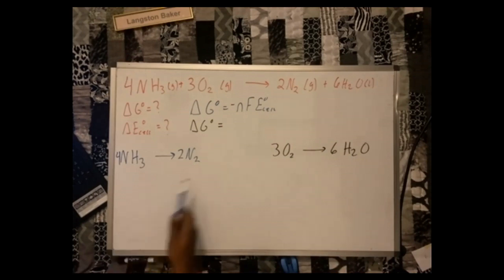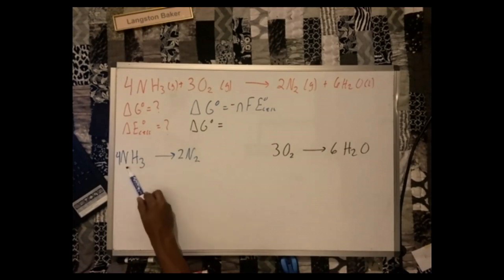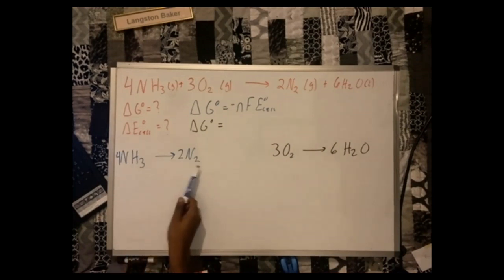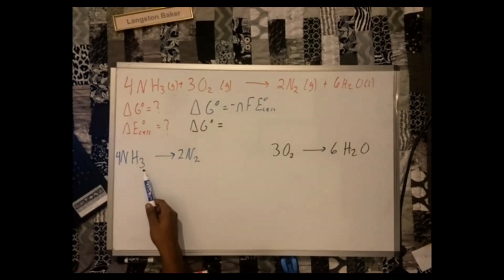All right, so it's like we're normally balancing it. We balance the non-hydrogens, non-oxygens. So that one's good, got 4 Ns. Then we balance the O's with water. There are none, so don't do anything. Then we balance our H's with H plus.